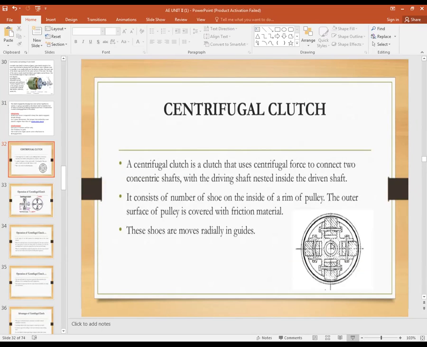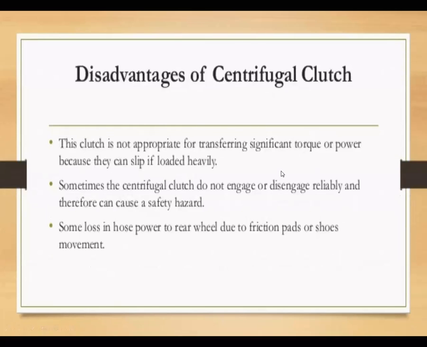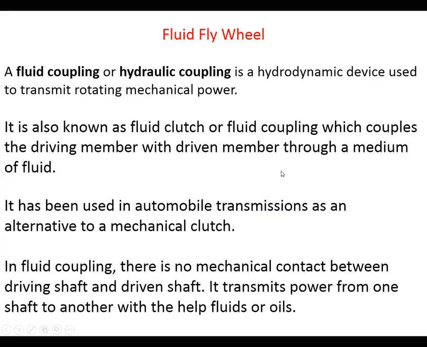Coming to the next concept under the syllabus, the concept is called the fluid flywheel. The fluid flywheel is also one kind of clutch, but it is a hydraulic clutch, or sometimes it is also called a fluid clutch, right? Clutches are made by mechanical concept.